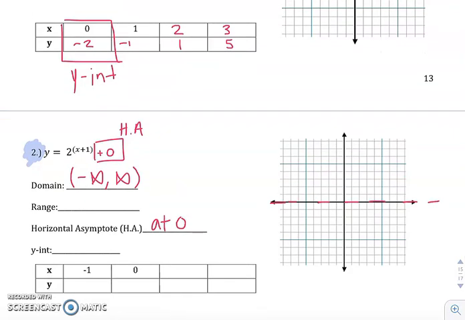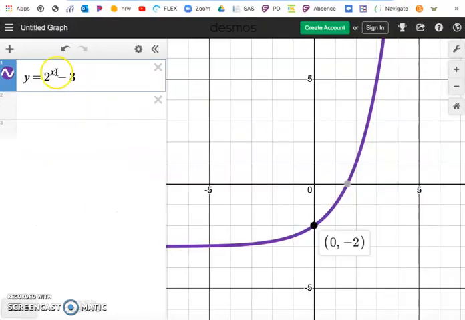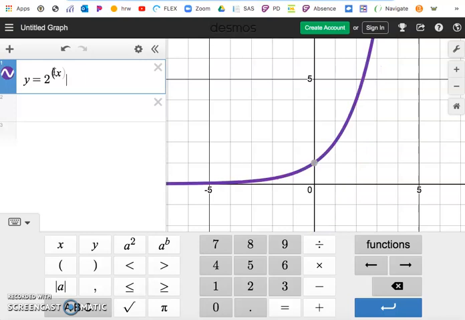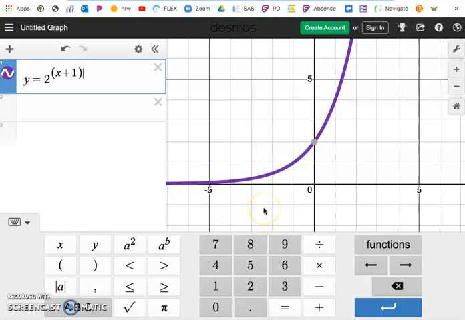And then let's go ahead and graph this guy. So 2 to the power of x plus 1. I'm going to go to Desmos. We've got to put that exponent in parentheses. I'm going to get rid of the -3. So 2 to the power of x plus 1. And then we'll graph it. We're asked to find -1, 0, and then 1, 2.